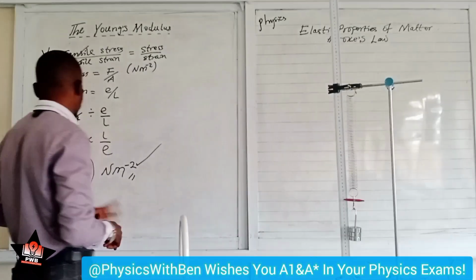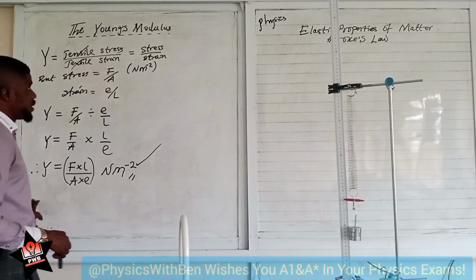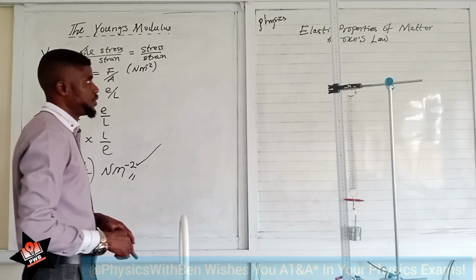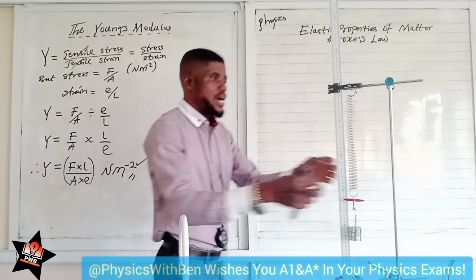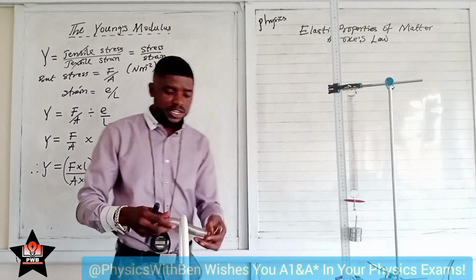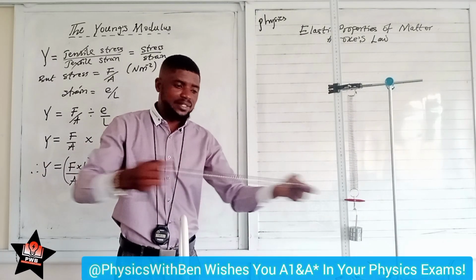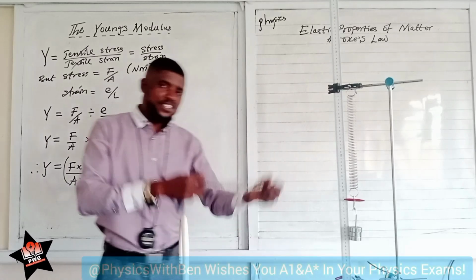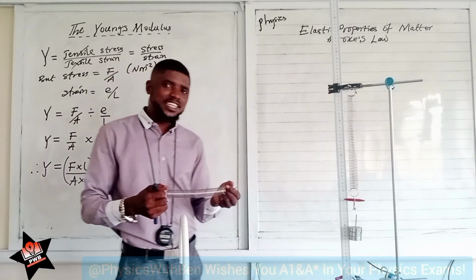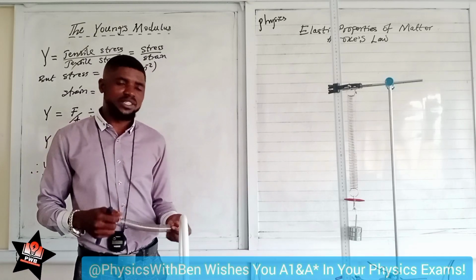The next thing we want to look at quickly is the work done in stretching an elastic spring. If I stretch this spring from both ends, the work done in stretching this spring is also known as the elastic potential energy stored in the spring.